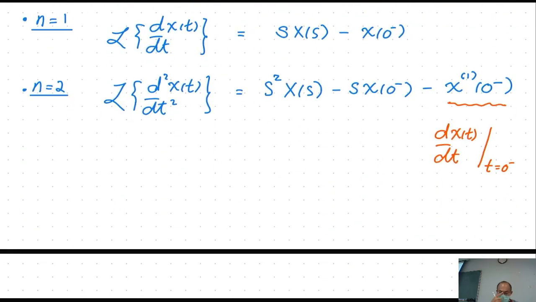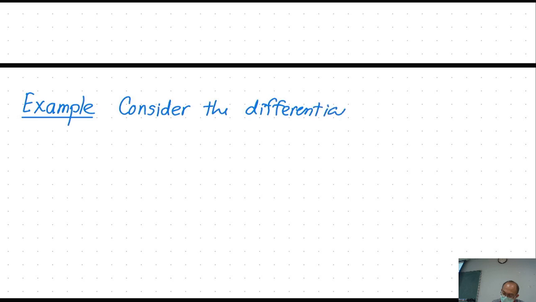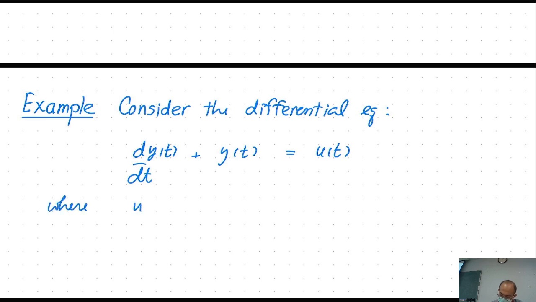Now let's do some examples. Consider the following differential equation: dy by dt plus y of t equal to u of t, where y at time 0 negative equal to 0.